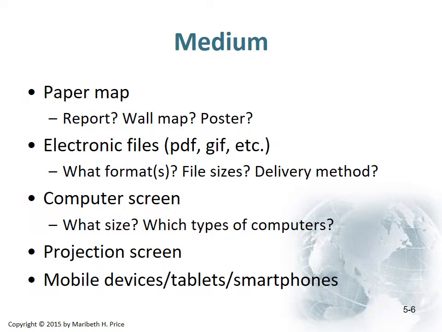Our medium, these days, can be a little bit more complex. In the past, primarily we were interested in creating maps that would be printed out either on standard paper or a poster, a leaflet, something even larger, a banner. But nowadays, with the rise of personal computing and the internet, there's a lot of maps that never see print.